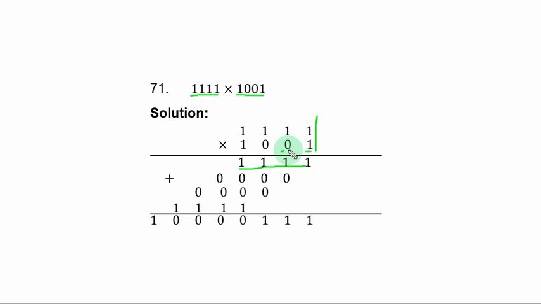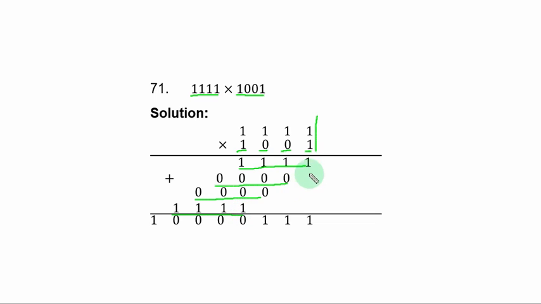If you use 0, you have this result. If you use 0 again, you have this result, and if you use 1, you have this result. The digit you are using, your answer will start from under that digit to the left.